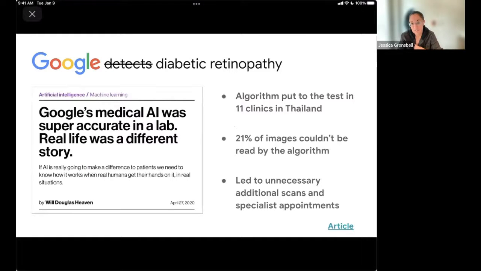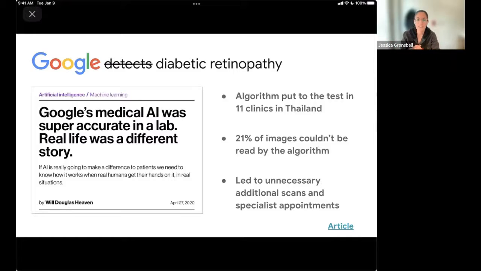It actually turned out it couldn't, interestingly. So they did a trial run of their algorithm in 11 clinics in Thailand. Thailand was chosen because diabetes and diabetic retinopathy are highly prevalent, and there's also a shortage of people who can read these medical images. However, it turned out about a fifth of the images couldn't even be read by the algorithm.